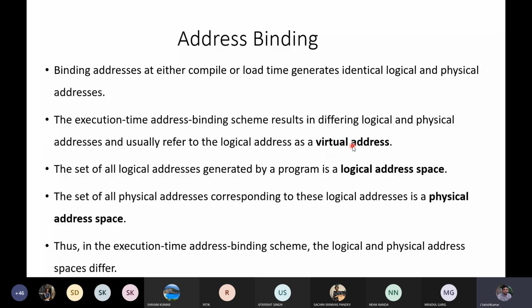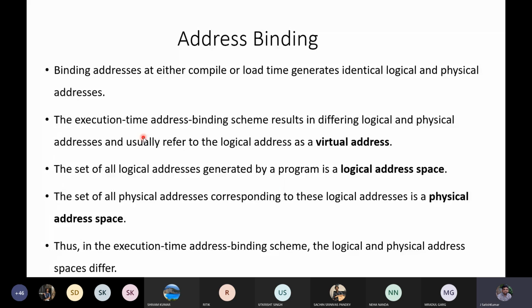The set of all logical addresses generated by a program is a logical address space. The set of all physical addresses corresponding to the logical addresses is a physical address space. So in the execution-time address binding scheme, the logical and physical address spaces differ. They both are different.